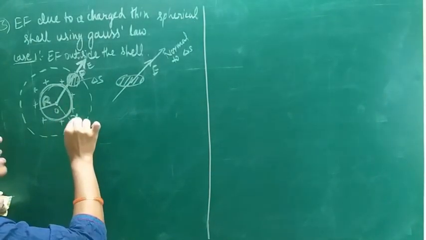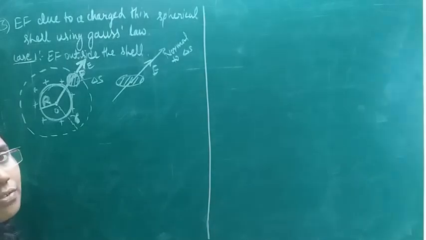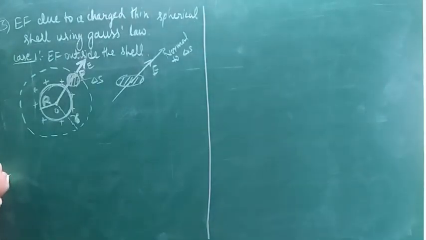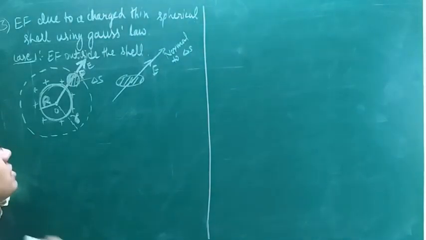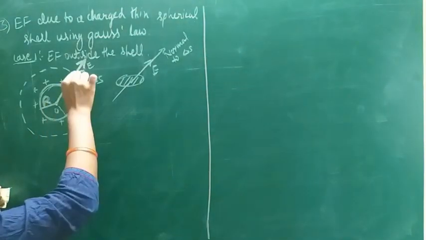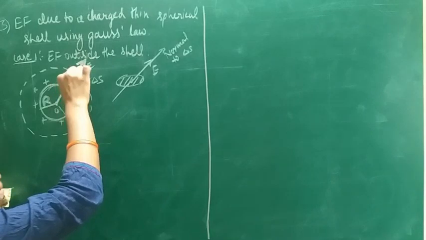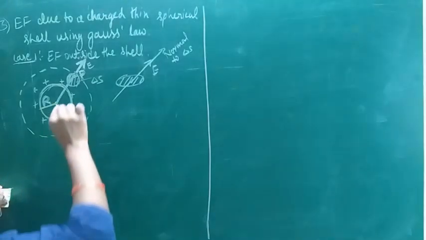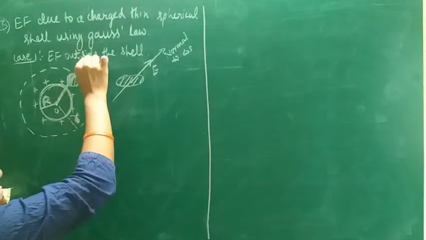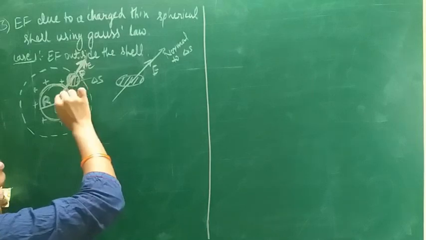Here small r is the radius of the spherical Gaussian surface. Now if we draw a normal at the point P, in the case of a sphere the normal should be drawn along the radius to that point. So here this is the direction of the normal.